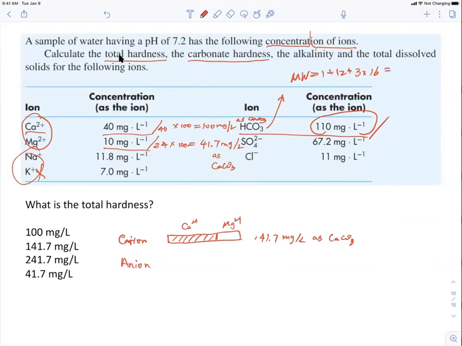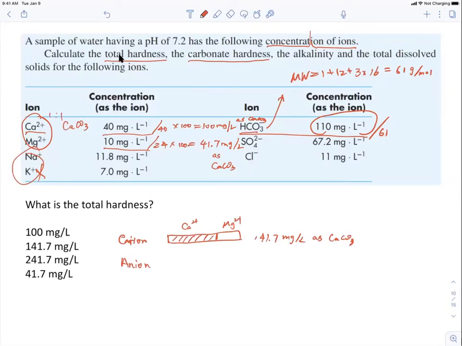So that is 61 gram per mole. Okay, so we will divide that by 61. And then at the same time, one thing we need to notice is that we mentioned the calcium and the magnesium, they react with calcium carbonate at a 1-to-1 ratio, right?